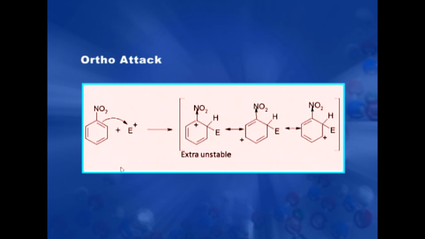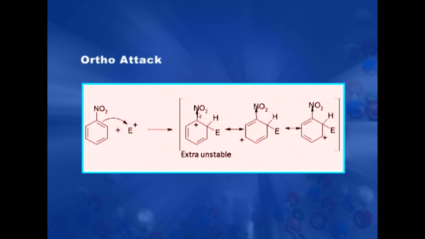We can see in ortho attack also, if the electrophile attacks the ortho position of the benzene ring, then we get this resonating structure of the intermediate arenium ion, in which the positive charge is present on this carbon, which is directly linked to the nitro group, and the nitro group is an electron withdrawing group.